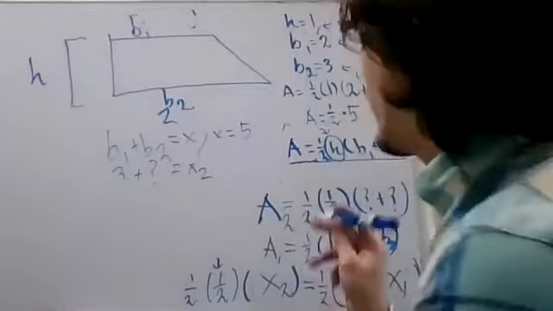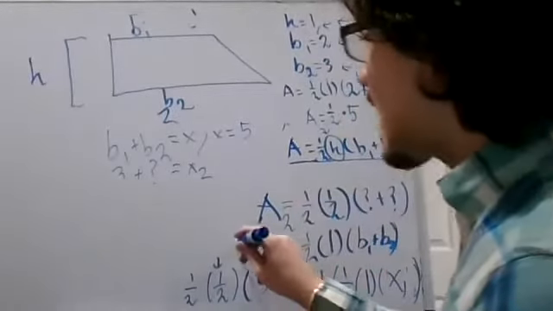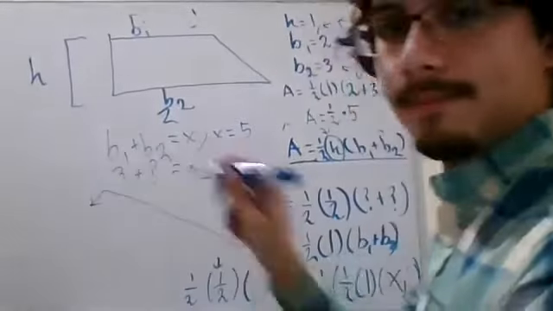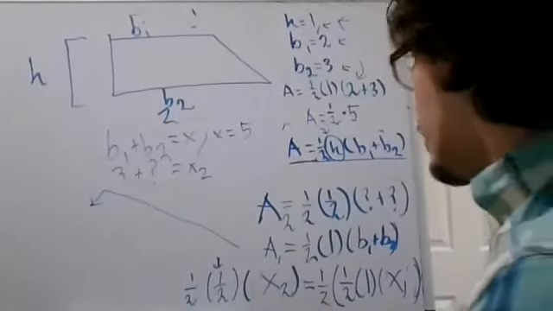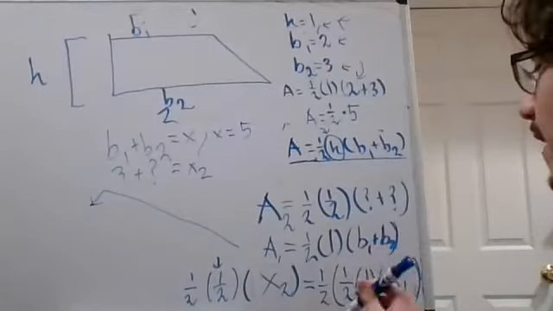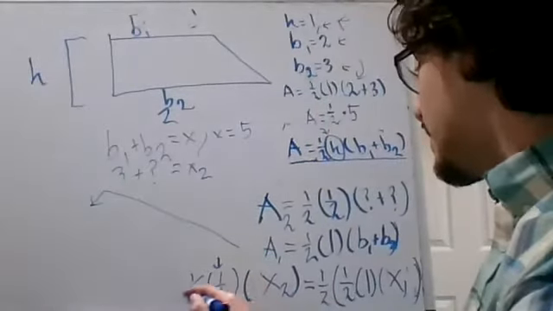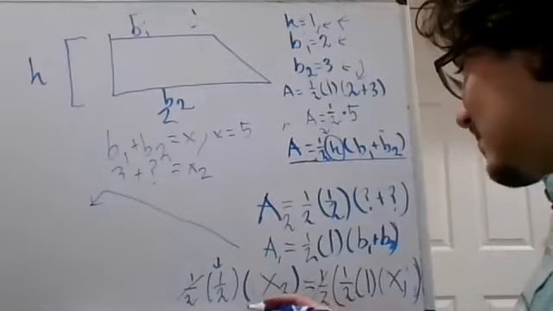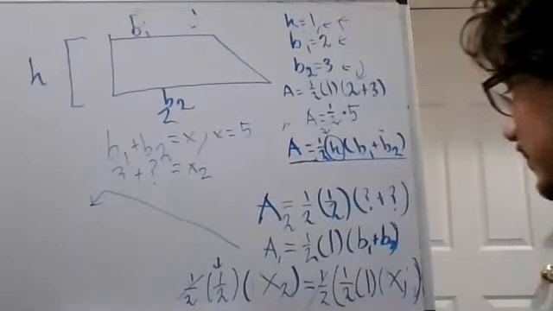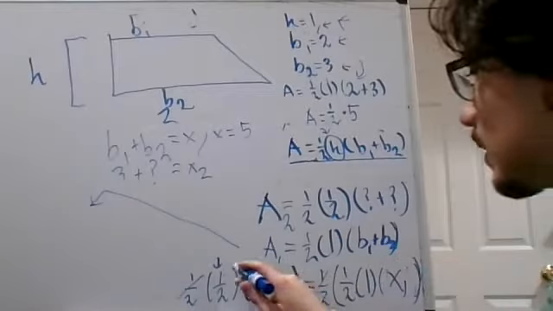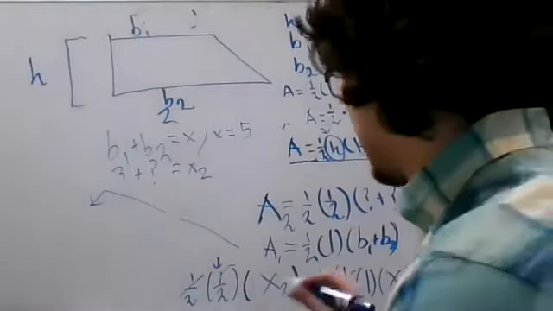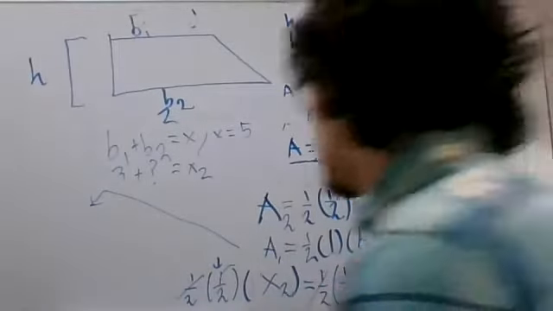So if we do out our equation, we would simplify our equation. So we would take away the 1/2 from here, here, right?